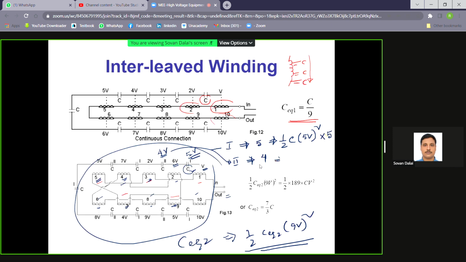And for this set, this is half C 4V square into 4. Now if you take the sum of these two, it should be equivalent to this value. So from that energy equivalent, you can find out what the C equivalent 2 is.